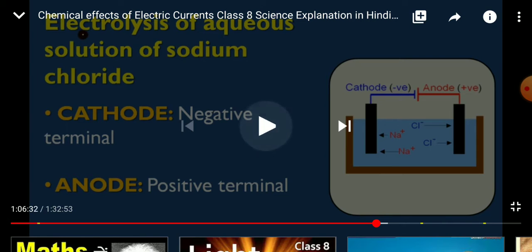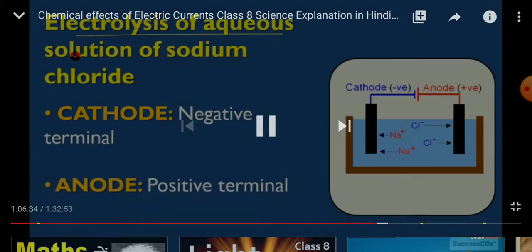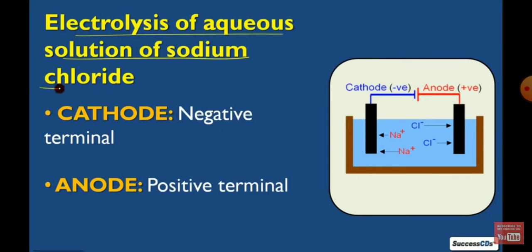So here we are taking which electrolyte? Sodium chloride. Sodium chloride is a salt, okay. Earlier we talked about electrodes. Electrodes are the rods, and the cathode has the negative terminal and the anode has the positive terminal.